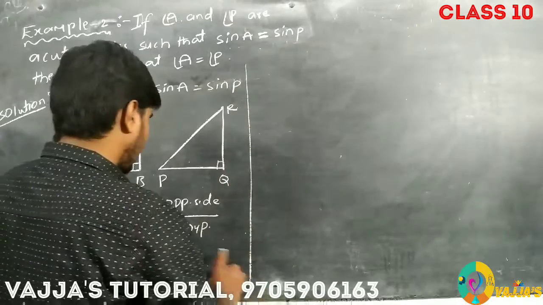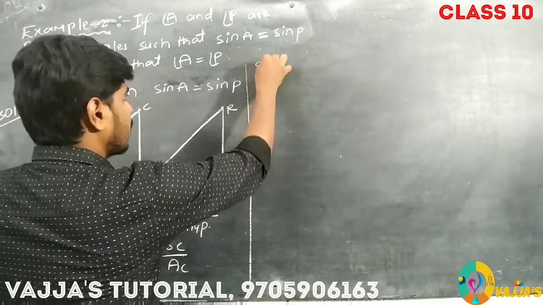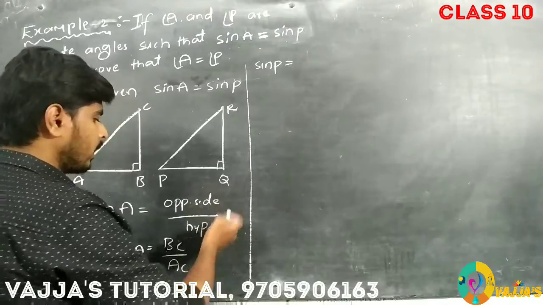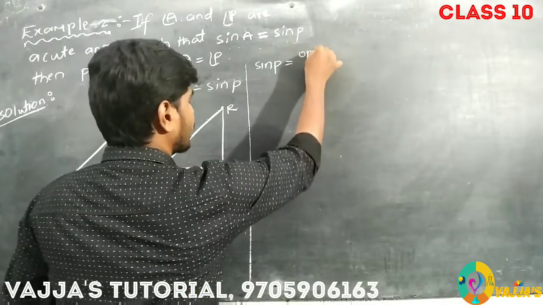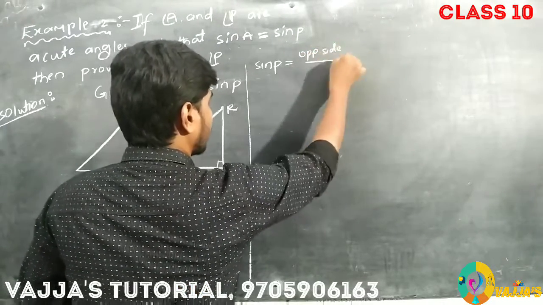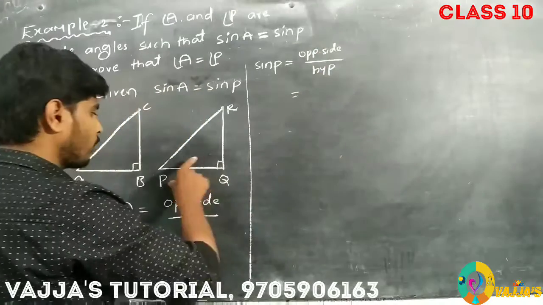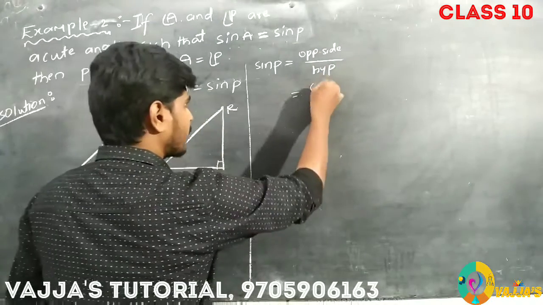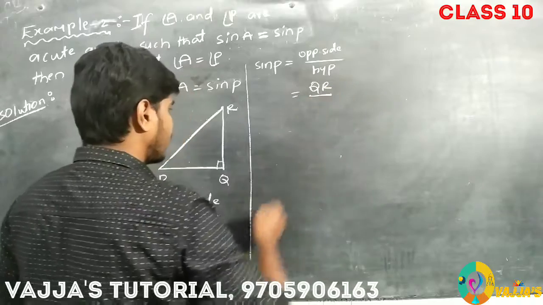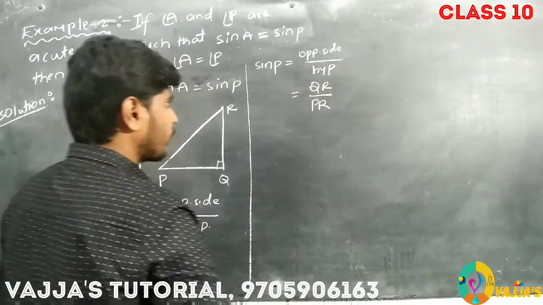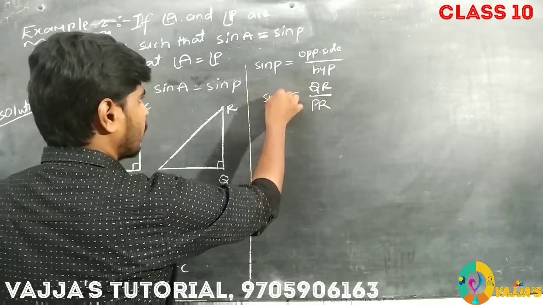Next, look at here, sin P. Similarly opposite by hypotenuse, opposite side to angle P by hypotenuse. What is the opposite side? QR is the opposite side, hypotenuse is PR.